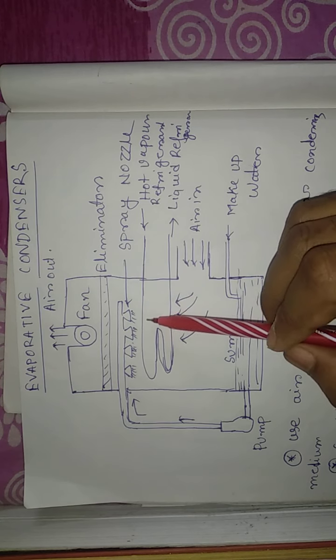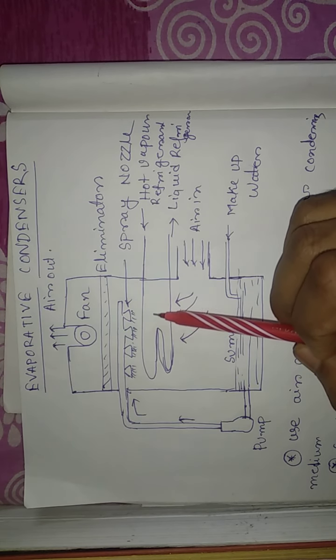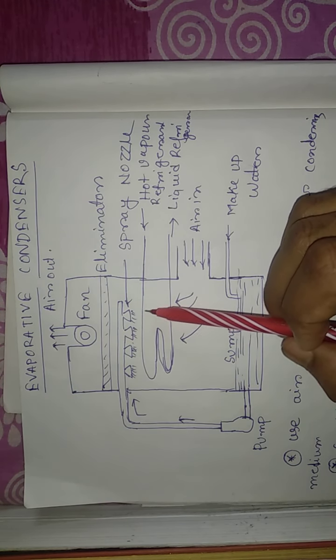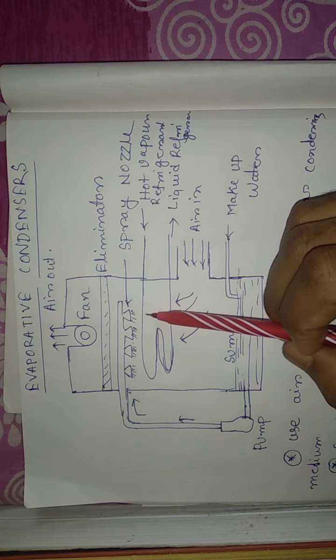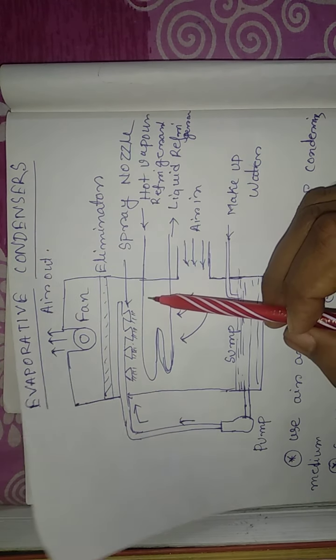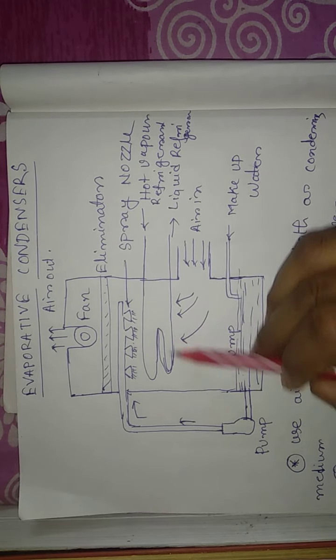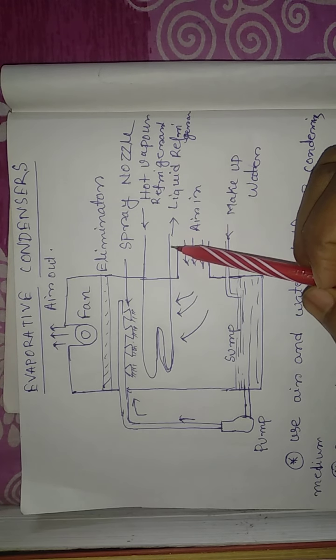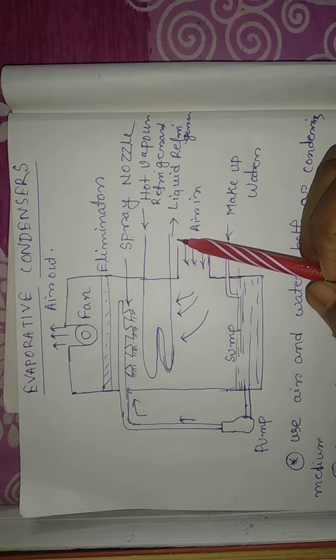So the vapor refrigerant is hot, and this is the cooled water, which contacts the outer surface of the condenser coil. After that, the liquid refrigerant exits from the condenser coil.